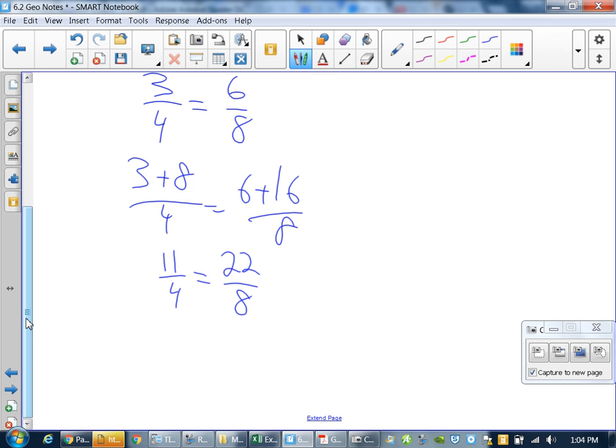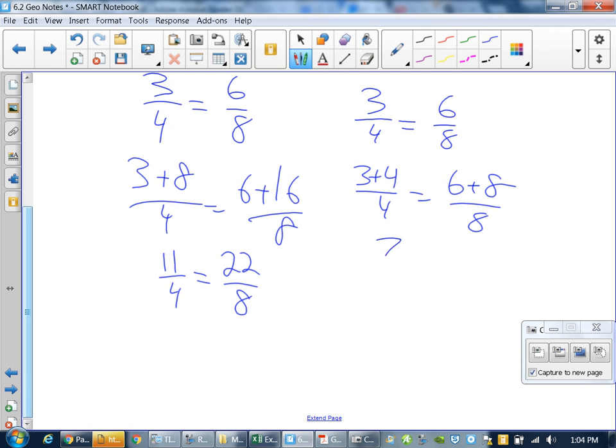Think about it. What they did here was this. What's 3 and 4? 7. We have 7 over 4 and 14 over 8. All they did was that property of adding the denominator twice. And it still works.